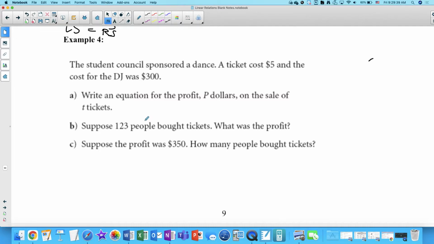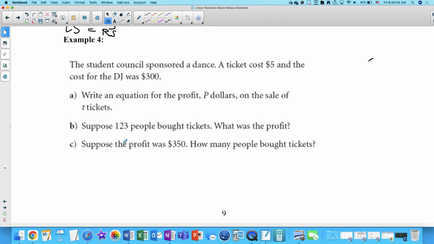So if you're on student council or student leadership planning a school dance, the price of admission is $5, and then you also have to pay for the DJ, who costs $300. Write an equation for profit, P dollars, on the sale of T tickets.